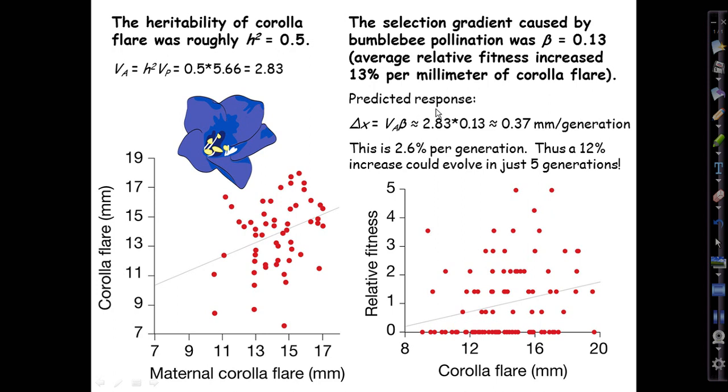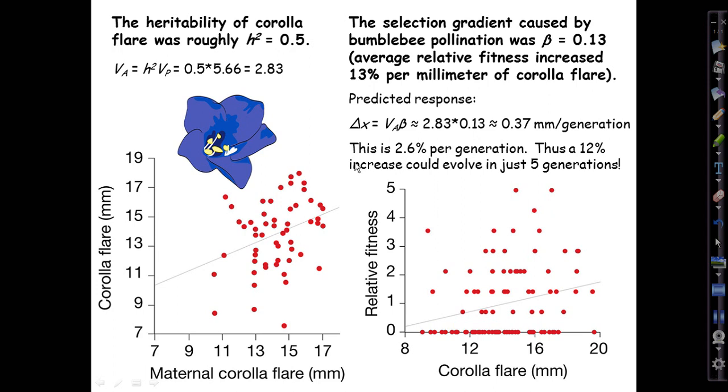So the predicted response would be, assuming that her experimental conditions reasonably mimic what was going on in nature, delta x in one generation would be VA times beta, meaning something like 2.8 times 0.13, which is a little less than 4/10 of a millimeter per generation, which would be several years.